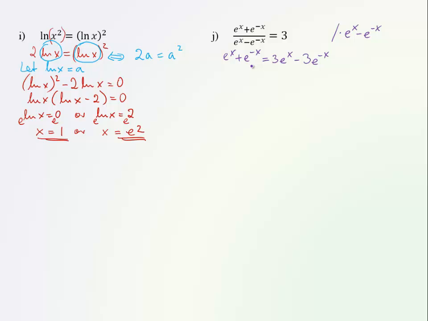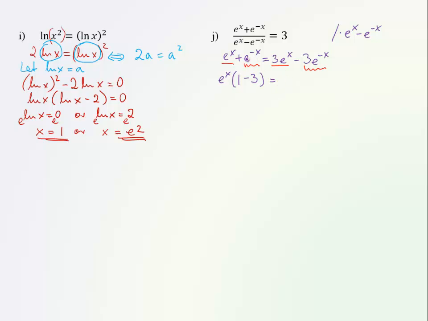Then what we could do is to collect terms with e to the x on one side and e to the negative x on the other side. And in the meantime, we could factor the common e to the x. So e to the x, 1 instead of this term, and then minus 3 instead of that term.